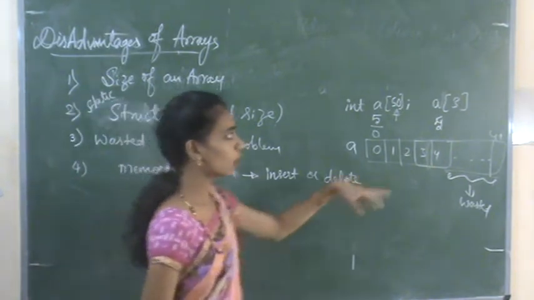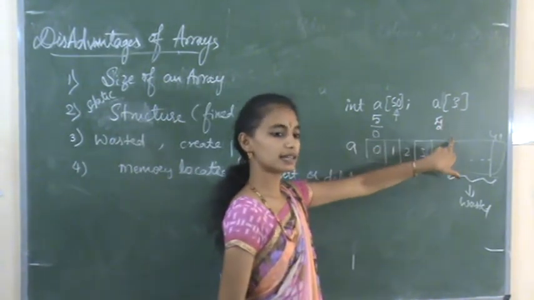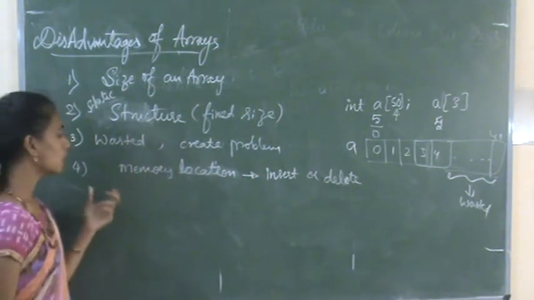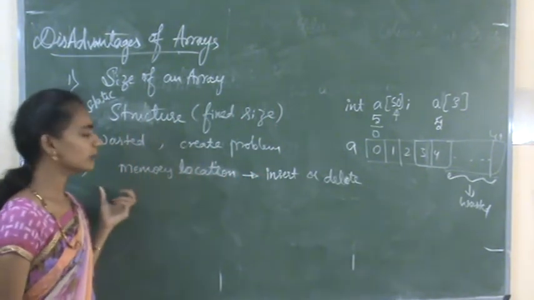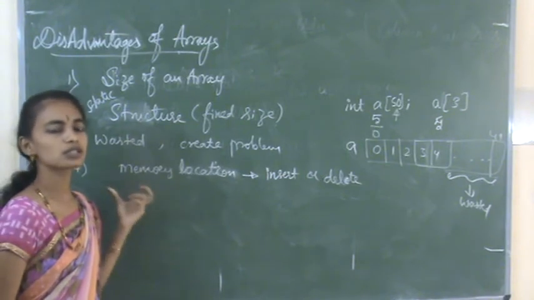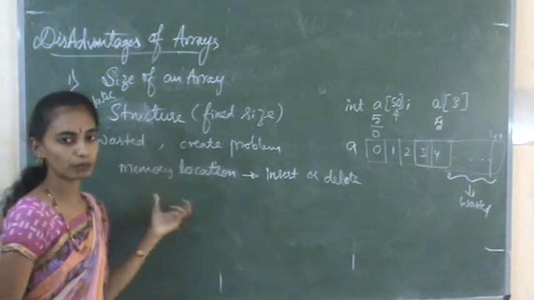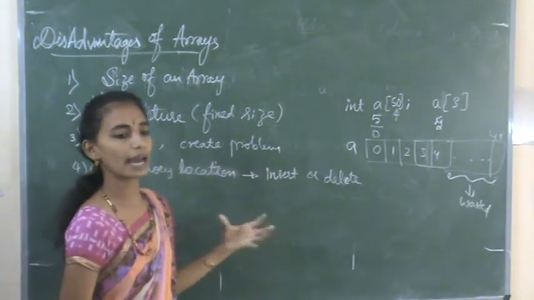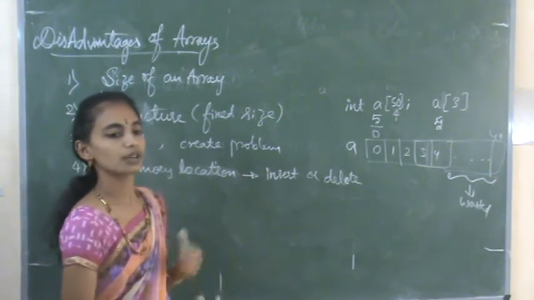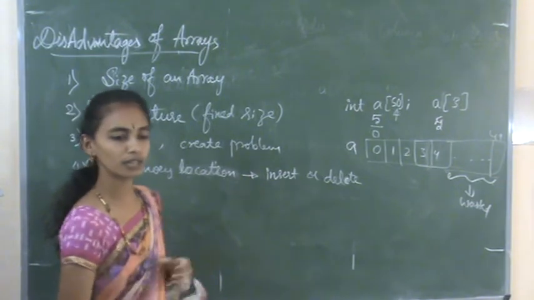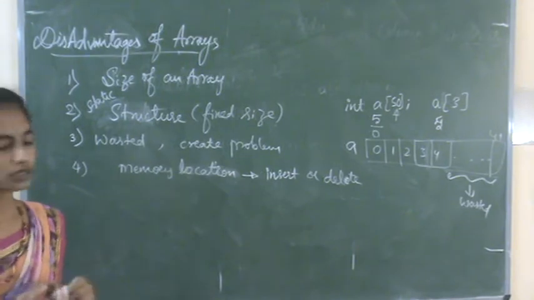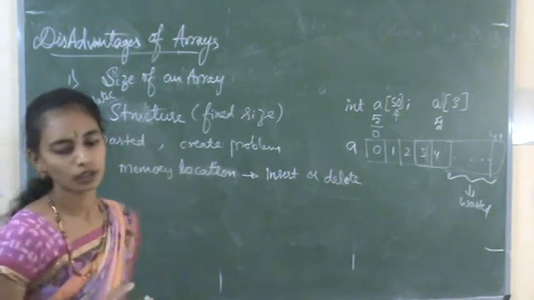If the allocated memory is less than the required memory, it creates a problem. The last one is the elements of an array are stored in consecutive memory locations, so if we want to insert or delete an element in that array, it is very difficult and not time efficient. Okay, so this is about an array.